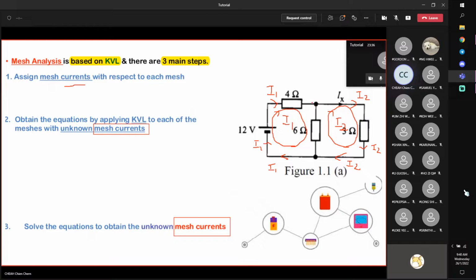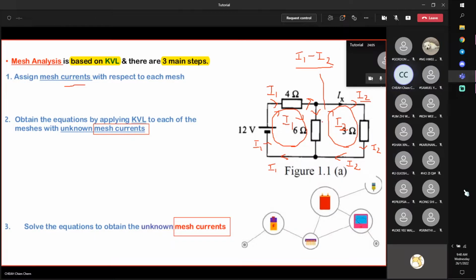According to Kirchhoff current law, when the current enters this node, it will split into 2. So if I assume a downward direction, following this path, then this current would be I1 minus I2, correct? Because if I add these two up, you get I1.